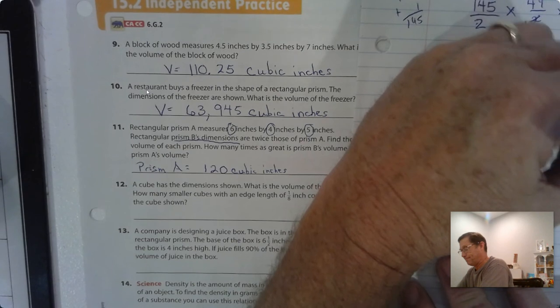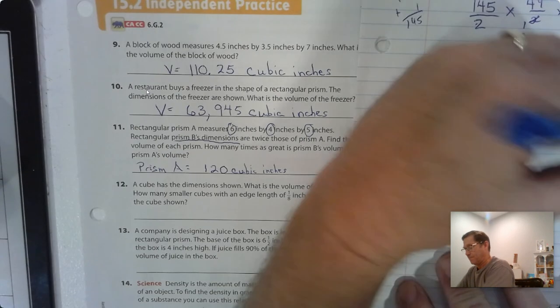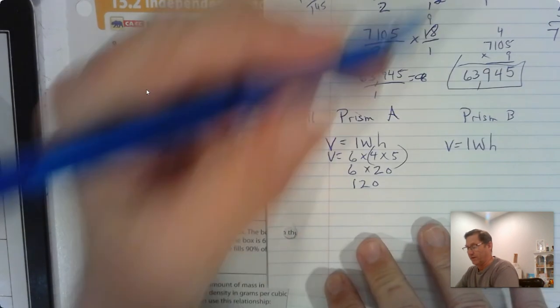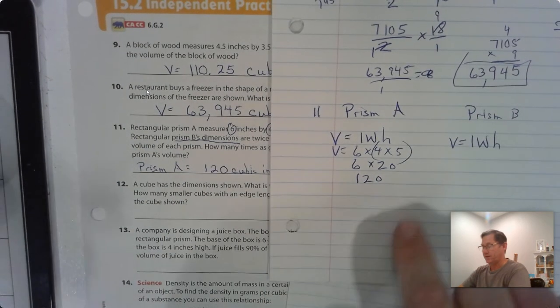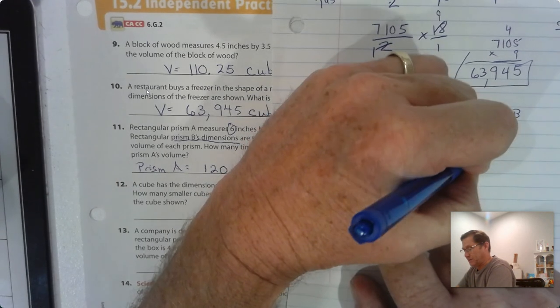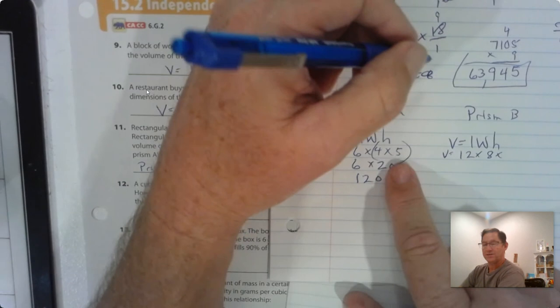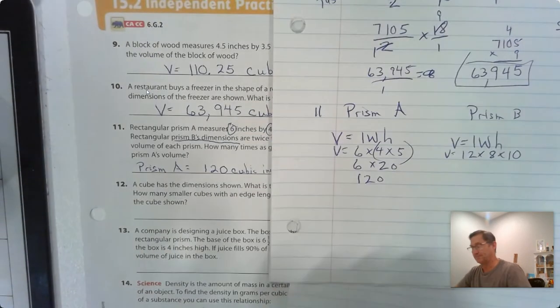Prism B. Okay, now this time, each of the dimensions is going to be twice as much. So twice 6 is 12, twice 4 is 8, and twice 5 is 10.